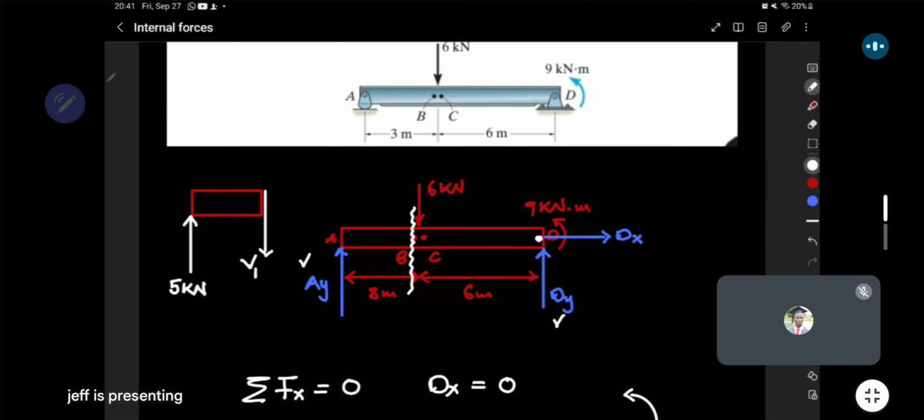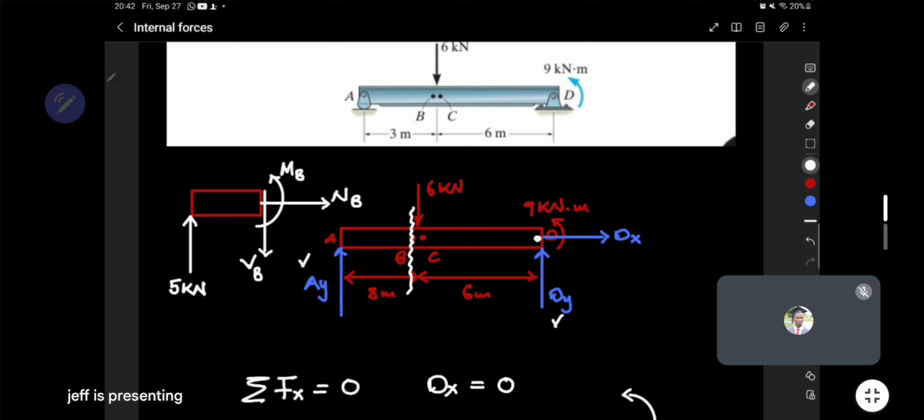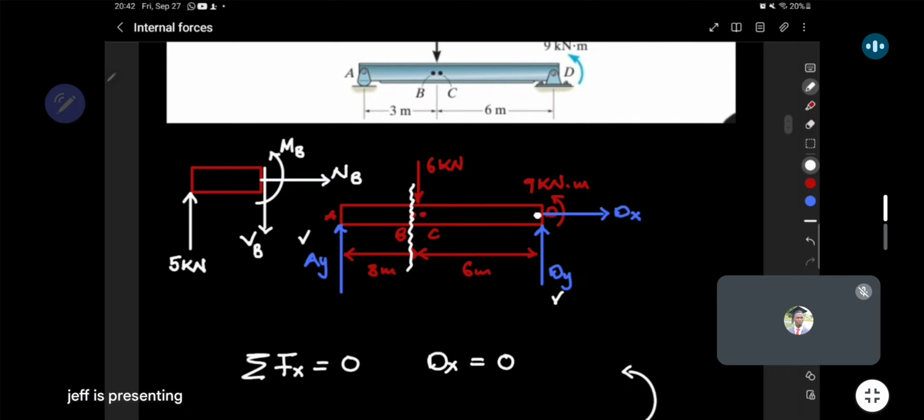We'll say at B there. Next, the normal force, we'll take the normal this way. And finally, the bending moment, we'll assume anti-clockwise. Okay, so this is what we have. So let's get this and analyze it.